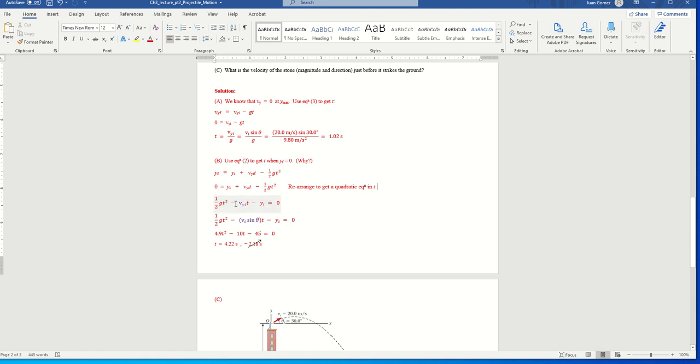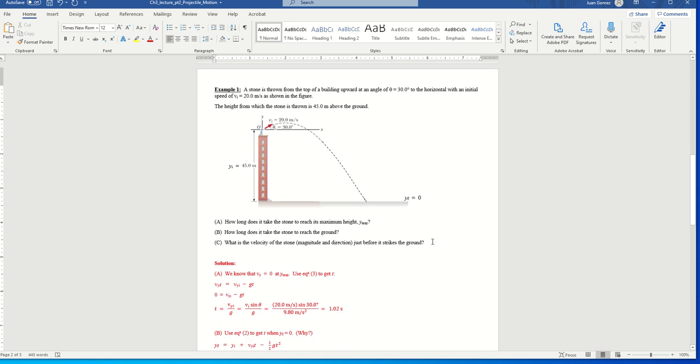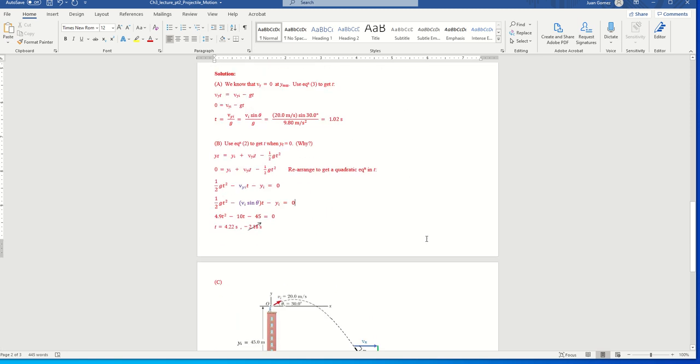Now notice I wrote Vyi in purple, because what is Vyi? V initial sine theta, in parentheses. Do not forget that. So my three coefficients: 1/2 g, which is 4.9; V initial sine theta, which gives you 10, remember V initial is 20 and the angle is 30 degrees; and Y initial we know was 45, it is minus.